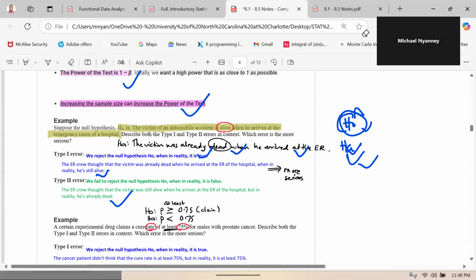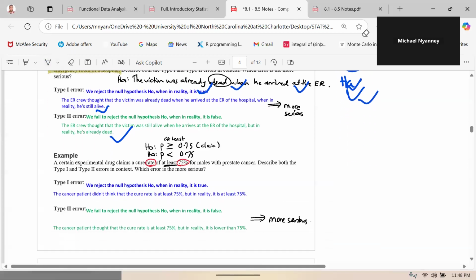Right. So we make these errors. First of all, for you to write your type 1 and type 2 errors, you should be able to write your H naught and HA. Then, if you're writing the type 1 error, think HA, but in reality it should be H naught. And if you are writing the type 2 error, then you think H naught, but meanwhile it should be what?